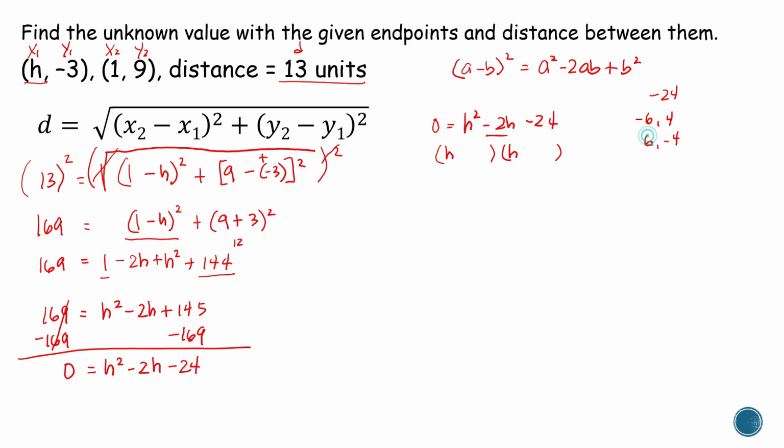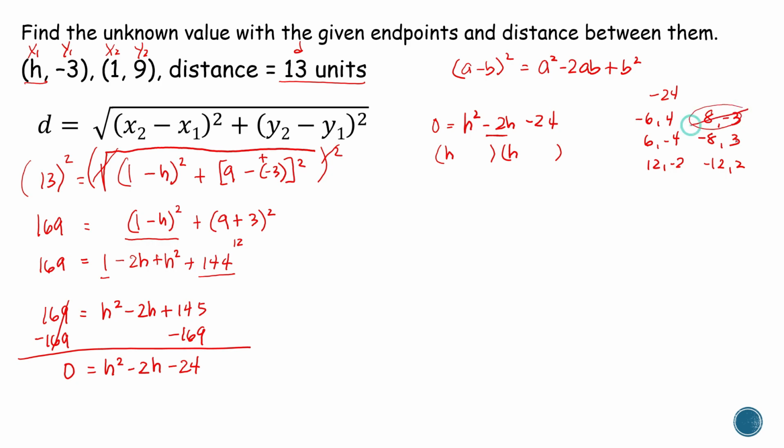My advice is just list down the pairs that will give you a product of negative 24. So these are the possibilities. We can also have 12 times negative 2, and also negative 12 times positive 2. So we have 6 pairs here. Which pair will give us a sum of negative 2?